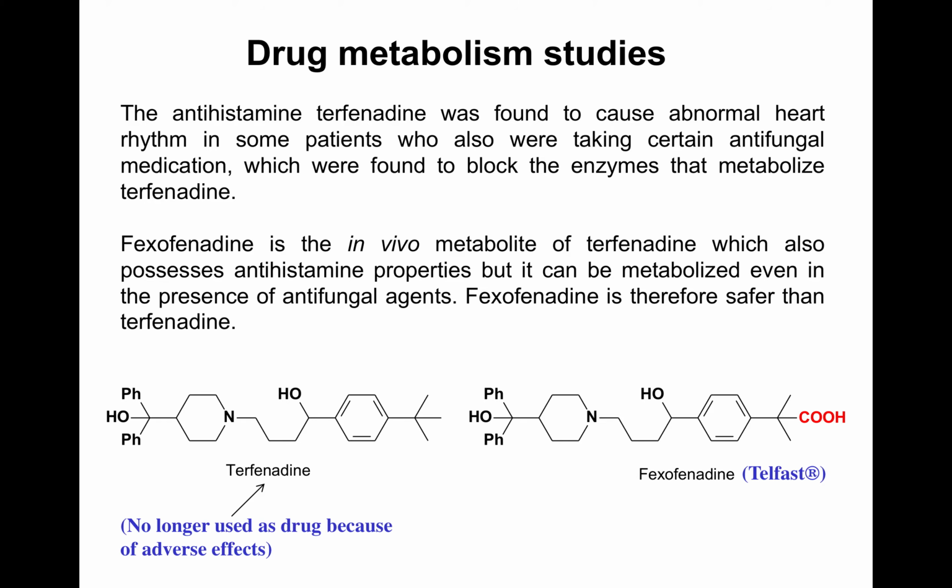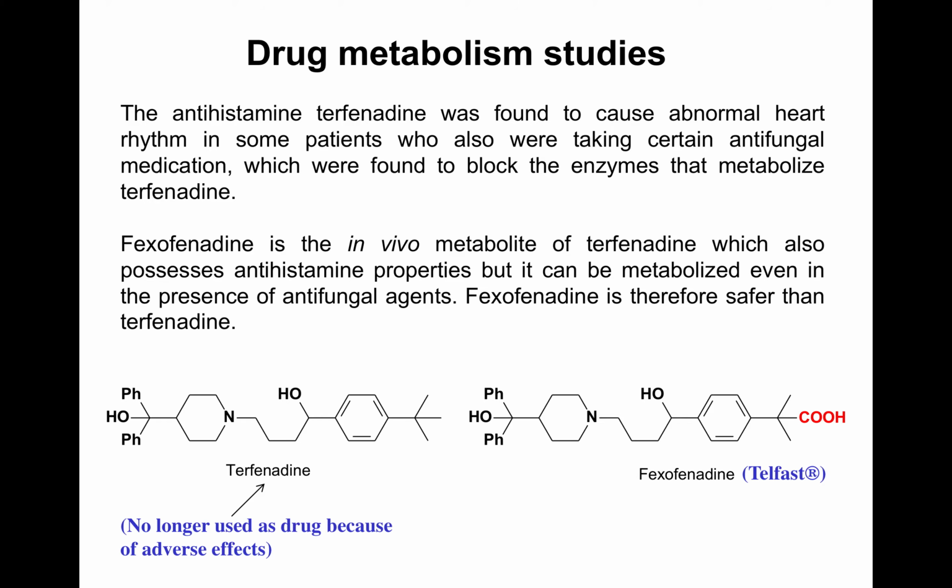So the antihistamine terfenadine was found to cause abnormal heart rhythm in some patients who also were taking certain antifungal medication, which was found to block the enzyme that metabolizes terfenadine. So fexofenadine is the in vivo metabolite of terfenadine, which also possesses antihistaminic properties, but it can be metabolized even in the presence of the antifungal agent.